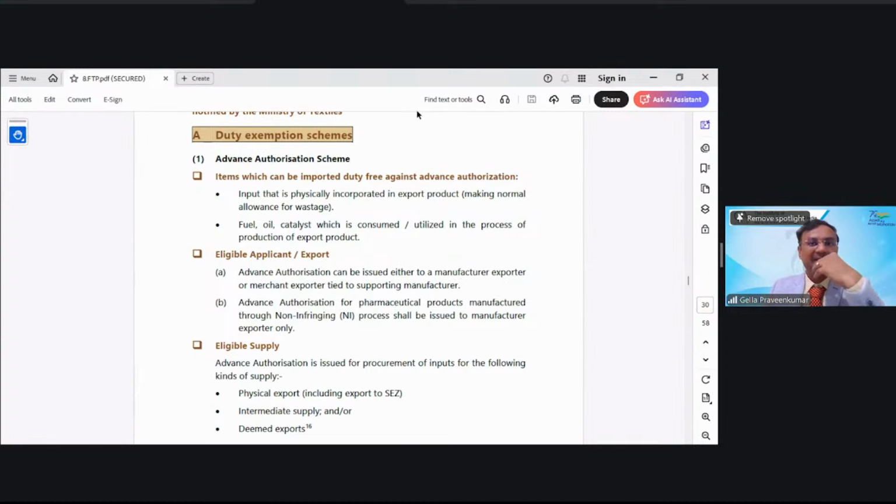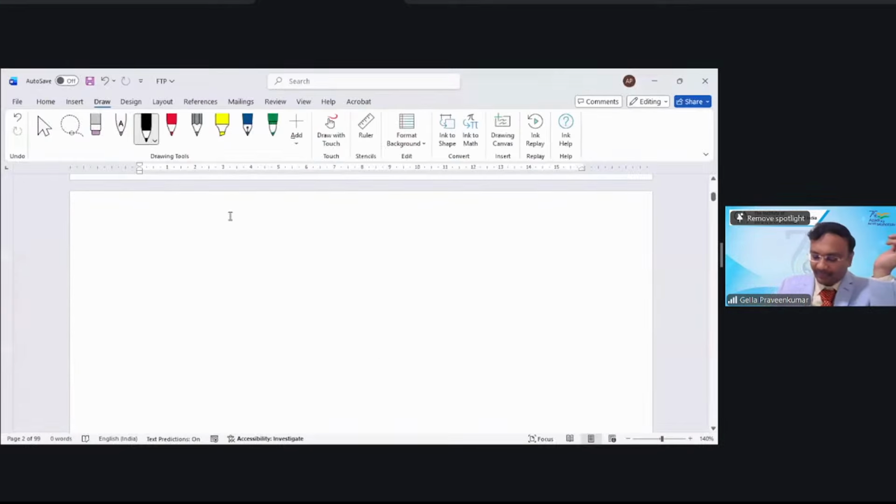I'll explain this advance authorization, then we'll come to the technicalities. Advance authorization, in short, we call it AA.